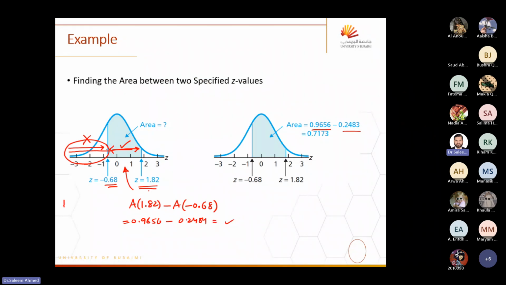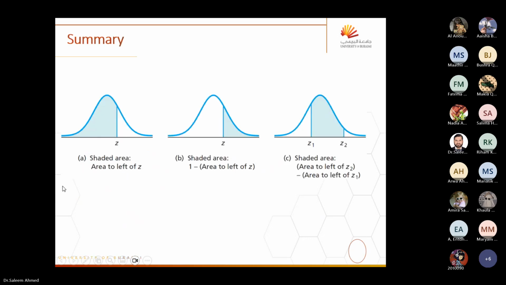So this gives you the probability, basically. Saying it as area or probability, it is the same thing. The probability between these two z values is equal to the area at the right point minus the area at the left point. So these are the three scenarios you can check.